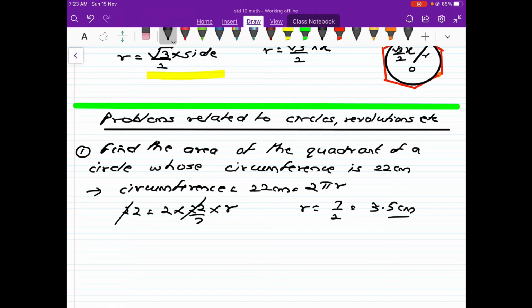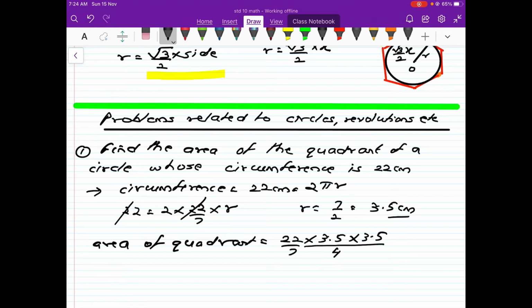After getting the radius, we can find the area of the quadrant. So the area of the quadrant will be given by pi r square divided by 4, because it is a quadrant.